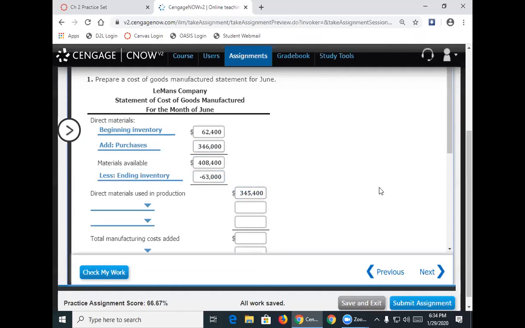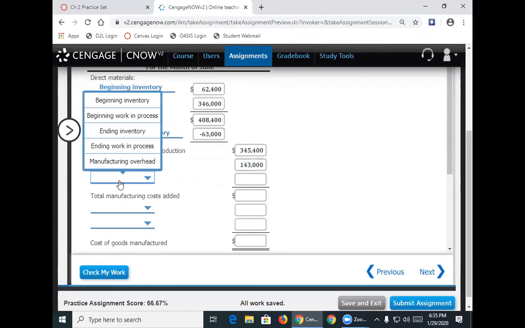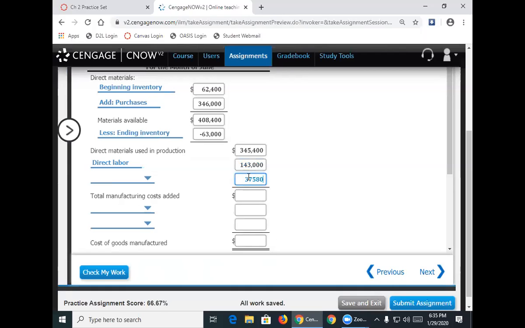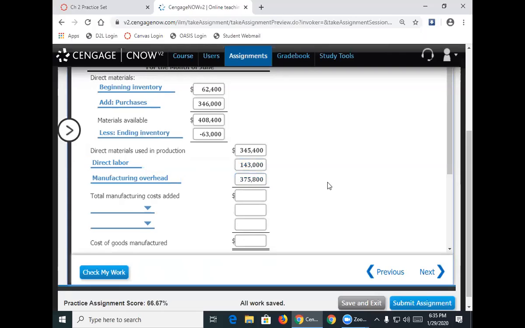Then we're going into our work in process account. So we need to add in labor, 143,000. We add in overhead, 375,800. We added those up. We got 864,200.